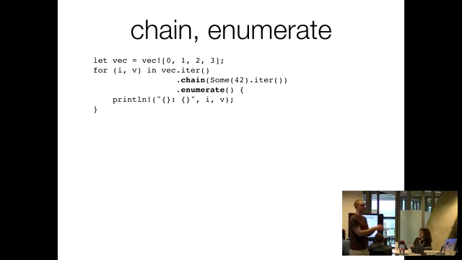So i is the counter value and v is the value that we're iterating over. And then again, we're going to print stuff out. So what do we think is going to get printed out this time? Yes. So just pop up what's going to get printed out.